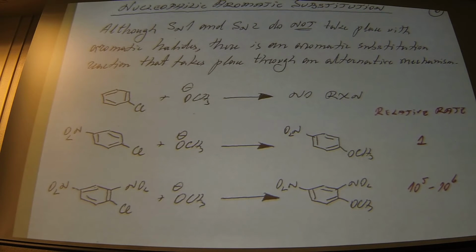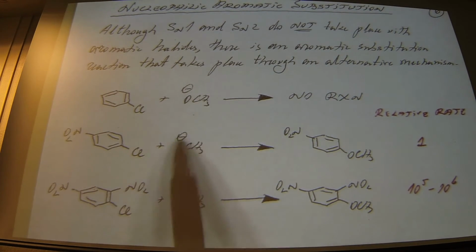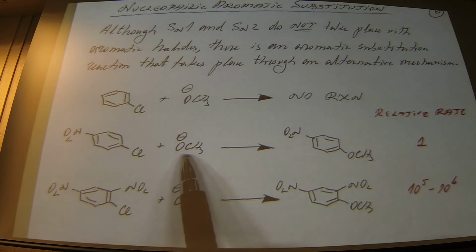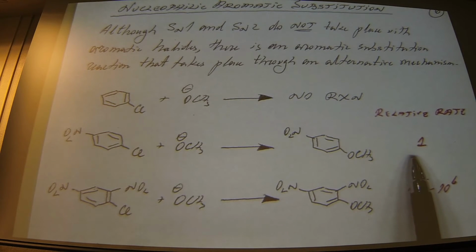So if I want that ring to act as a nucleophile, for example, towards Br+, then the nitro group is not helping, it's hurting. But here, I'm doing something different. I'm allowing the ring to react not with a positively charged ion, but with a negatively charged ion. And here, you'll notice that the nitro group helps. So here, I do get reaction.